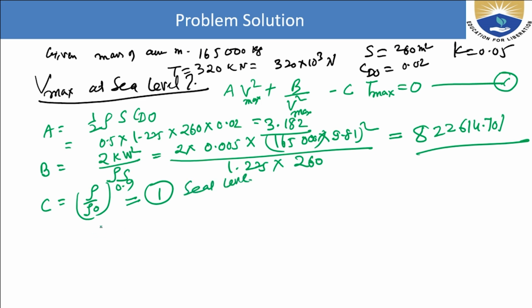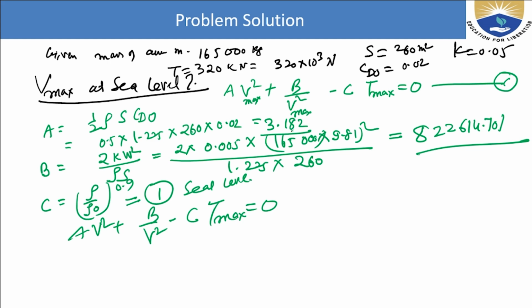Now we will use this equation: A V square plus B by V square minus C T max is equal to 0.